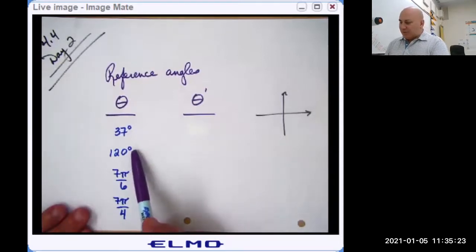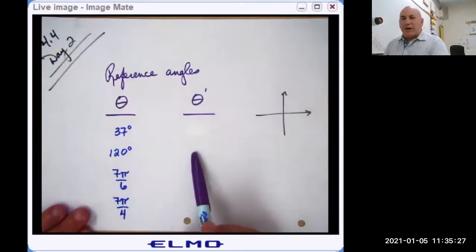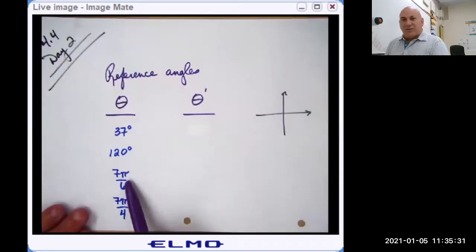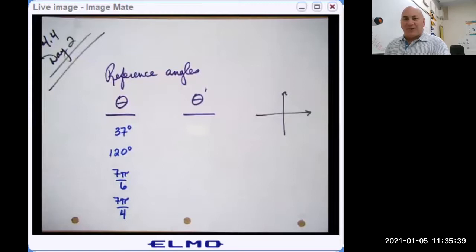I have 3 more reference angles. If I give you theta in degrees, write its reference angle in degrees. If I give you theta in radians, write its reference angle in radians. Go ahead and pause. Write those in now, and we'll go over those in class.